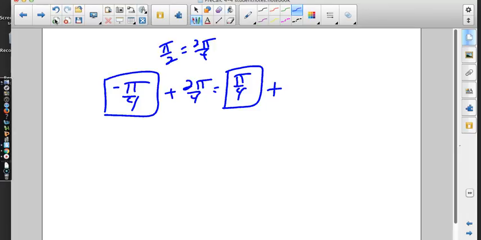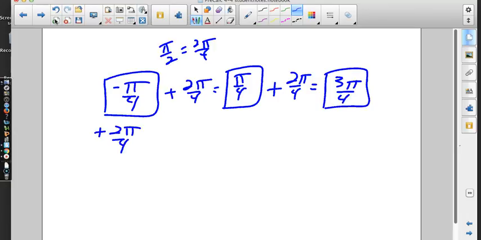And then we're going to have to add our little 2π/4 again and get 3π/4. And add our 2π/4 again and get 5π/4. And at this point, I'd say, okay, how about that inequality stuff that we were doing?